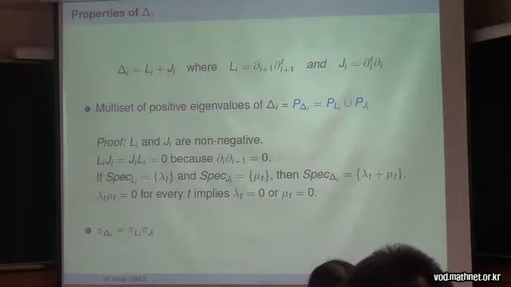So when we look at this expression, it's always going to be either lambda_t or mu_t. It is lambda_t plus mu_t, but one has to be 0. So that's where that result comes from.